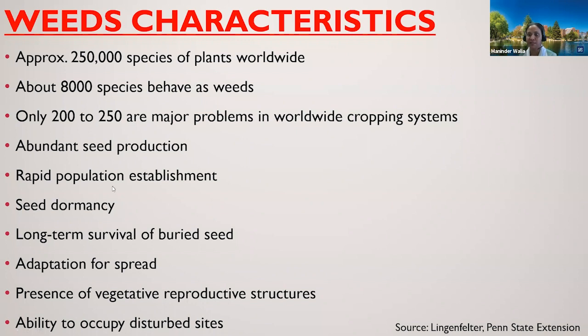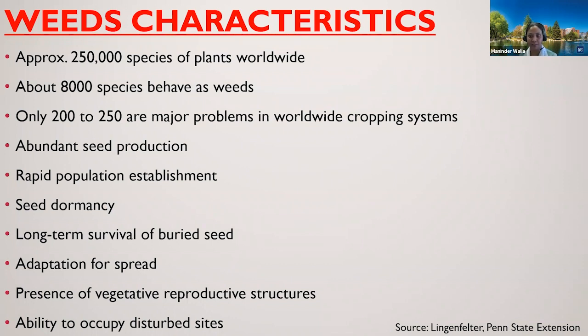Most weeds can germinate and become established relatively quickly. They also produce viable seeds even under environmental and soil conditions that are not favorable for most crop plants. The next is dormancy. Dormancy is basically a resting stage, a temporary stage in which the weed seeds do not germinate.